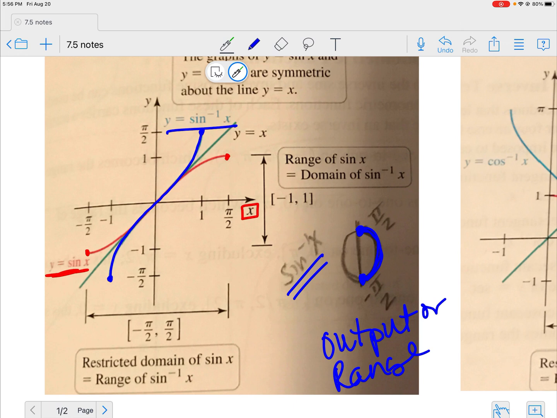So my output, my answers available, the angles that my answers can be for inverse sine. I don't know how else to say that, lots of different ways. But my answers there for my inverse sine can only go on the right side of this unit circle from negative pi over 2 to pi over 2.